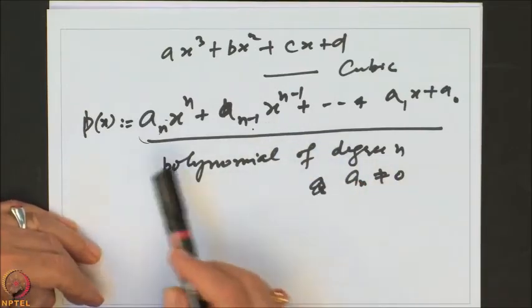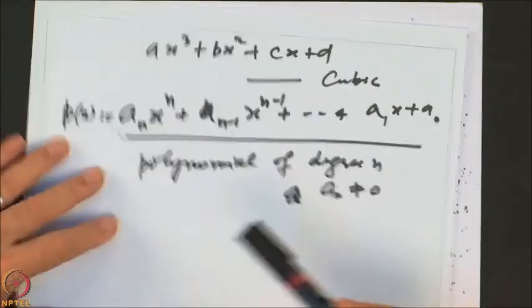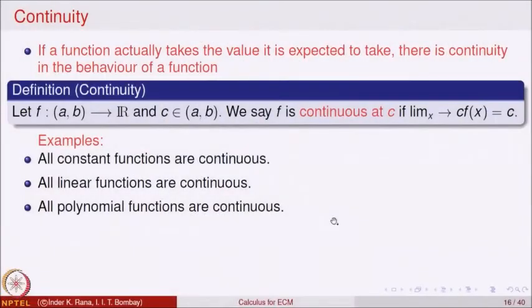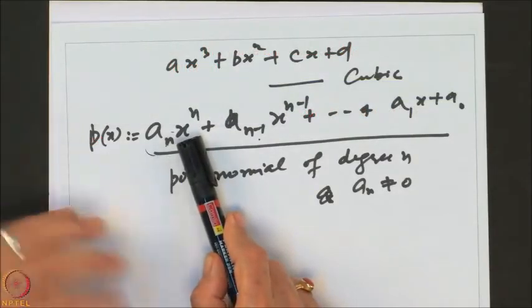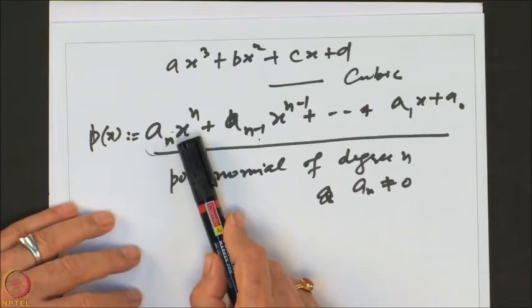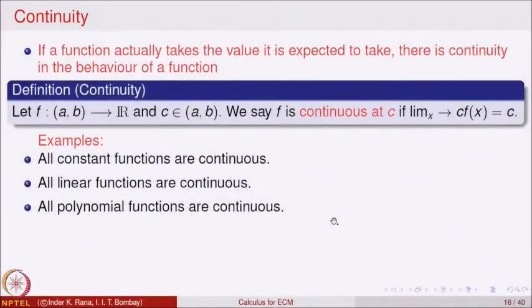So, to say it is a polynomial of degree n, the leading coefficient a_n should not be equal to 0. All these are continuous functions, because x^n is continuous, and multiplying by constants, the limit is the same. So, by the algebra of limits, all polynomial functions are continuous functions.